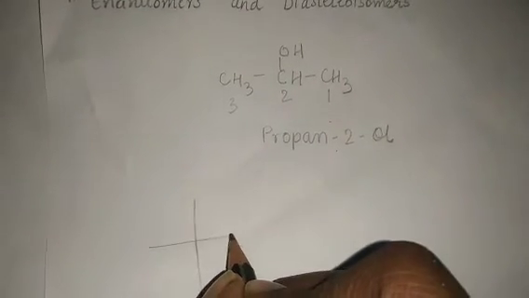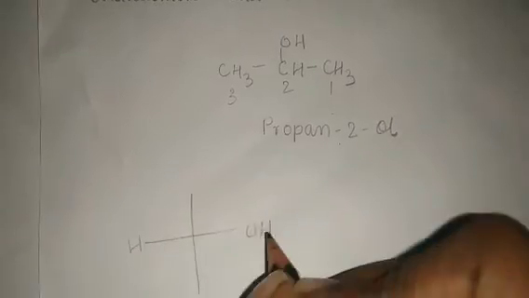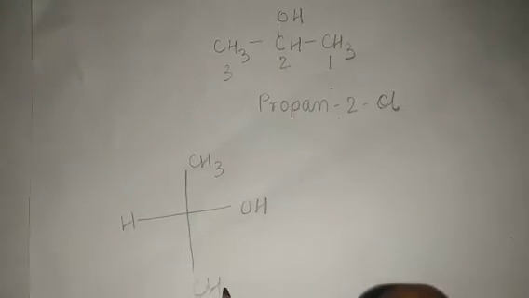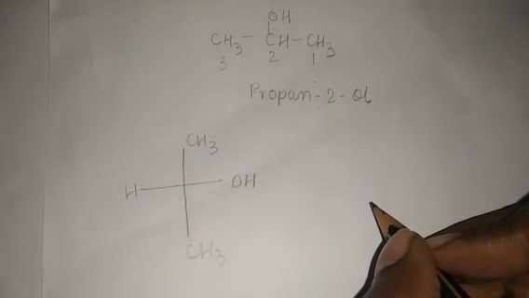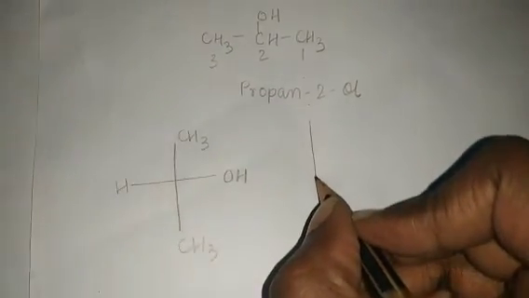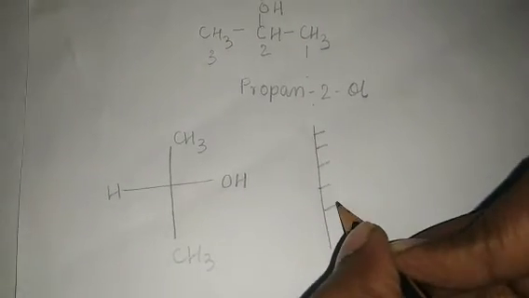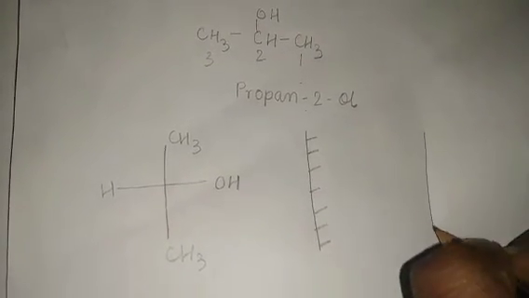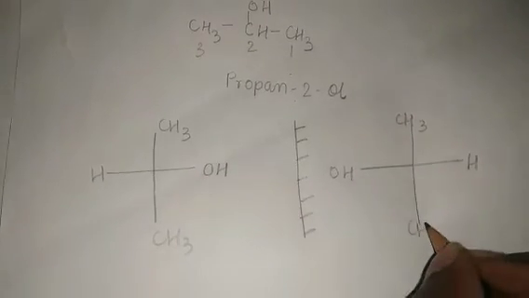We can see that if we arrange the H, OH and the methyl group, and when we pass it in front of a mirror, it forms its mirror image: H, OH, CH3, CH3.